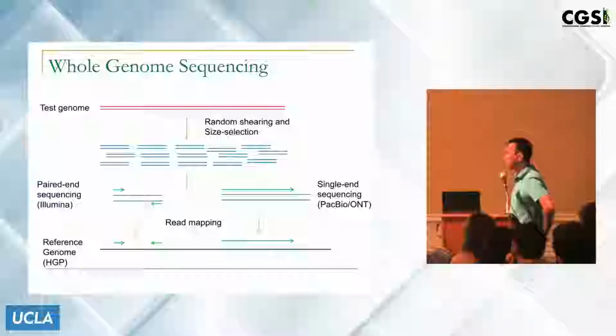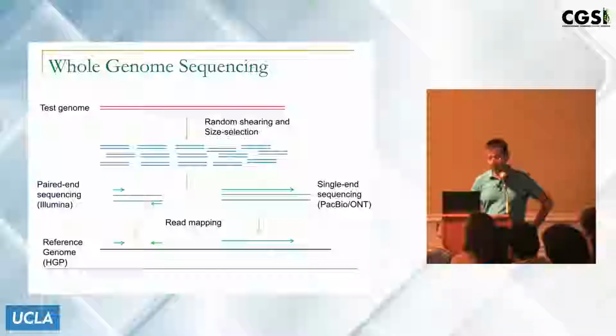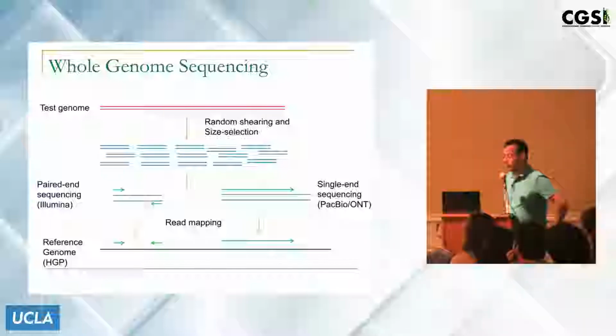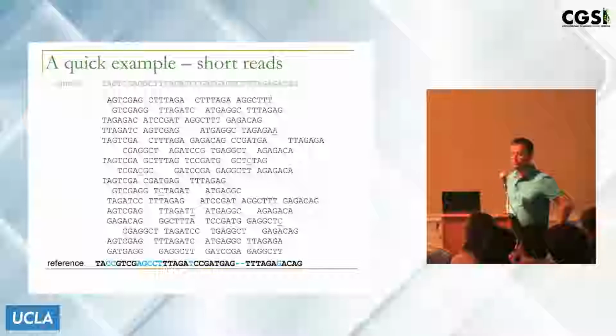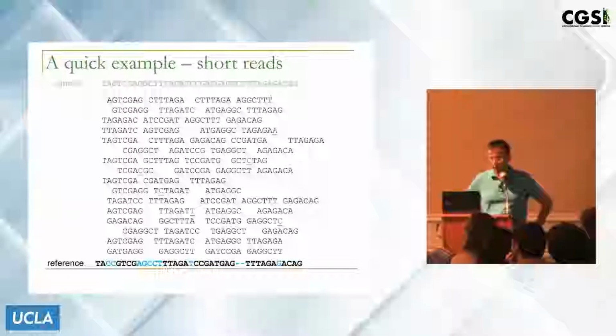And then we map them to the reference genome with your favorite aligner. Typically, this would be BWA for Illumina, and BLASR for PacBio, or NGMLR, the new one. So this is basically how it looks. We start with the sample, and then we randomly shear it into pieces and randomly read small portions of the DNA.